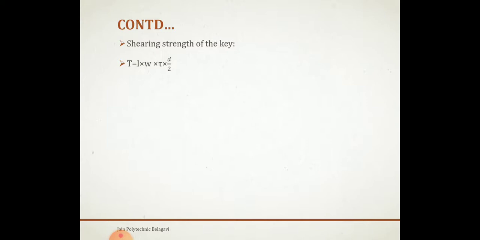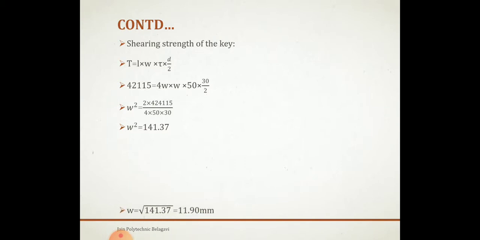Substitute all the values. See, the width of the key we don't know, so keep it as it is and find it in terms of W square. Because 4W into W is 4W square, so 4 will shift to the other side, and we remain with W square equal to 141.37.